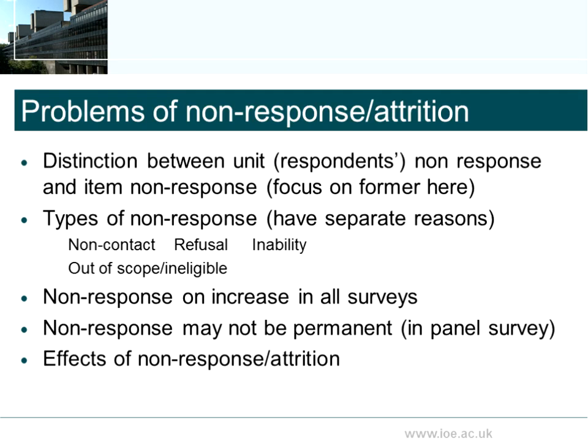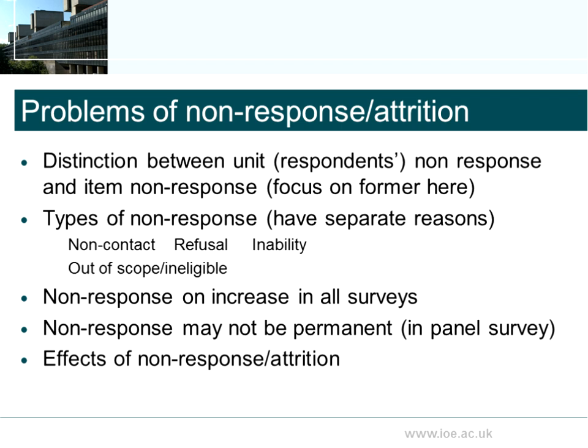Another reason is inability, in the case of respondents having health issues at the time of the survey, or they have disabilities which prevent them from participating in the study. So all these factors would lead to respondents dropping out from the survey. We know that non-response is increasing in MCS, however, non-response is not always permanent.